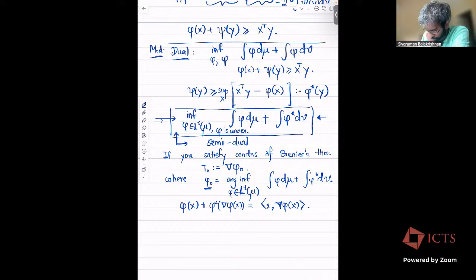And again, the way to see this is that if I start with a phi, and I look at its conjugate phi star, that will be a convex function. And then I can again take the conjugate of that and so I can replace it by phi star star. And so you can see that there is always a convex optimizer of this. So yes, you can add this constraint that phi is convex.